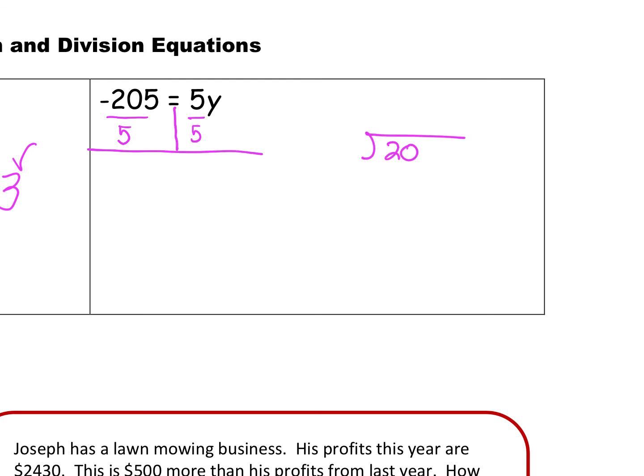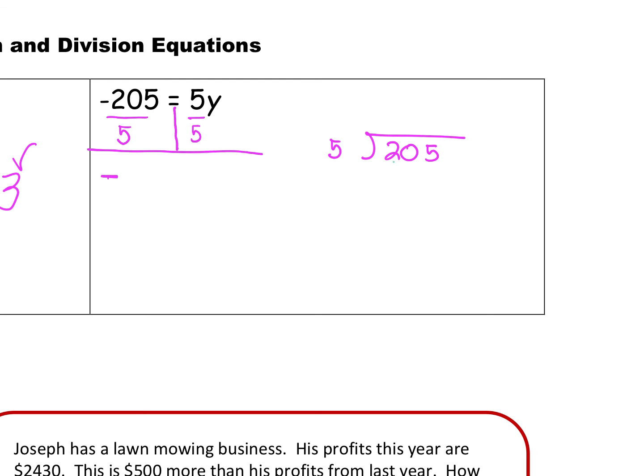This one is not so easy maybe to do in your head, so we'll set it up as long division. I don't need to worry about the fact that it is a negative 205. It's going to divide the same way. I do know my answer will be negative because I have a negative divided by a positive, but I'm going to go ahead and do my division, not worrying about that negative in that spot.